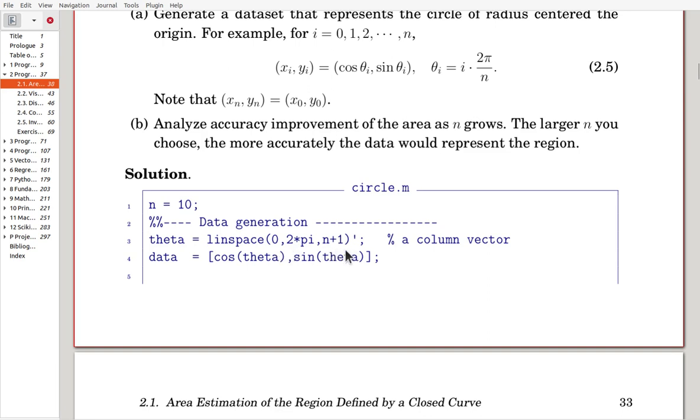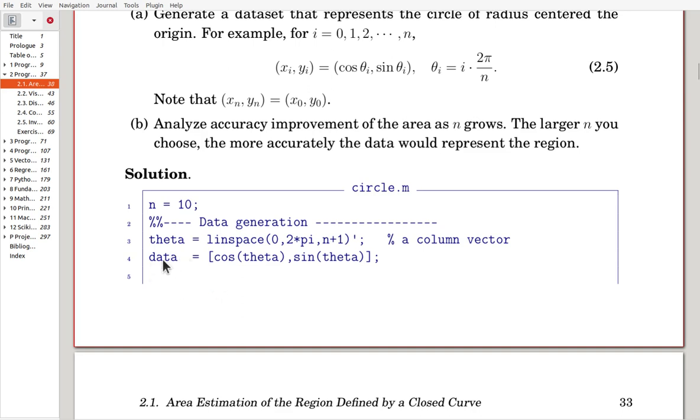We are choosing n plus 1 points, so that theta starts from index 1 in MATLAB, but in mathematical notation it is theta 0, going from 0 to 2 pi with n plus 1 points, which means there are n subintervals, and along with that, cosine theta and sine theta are made.